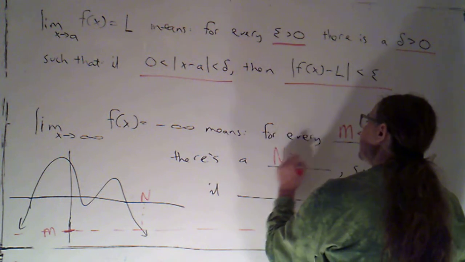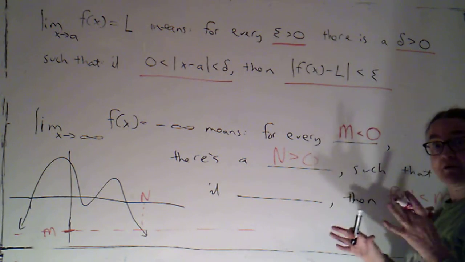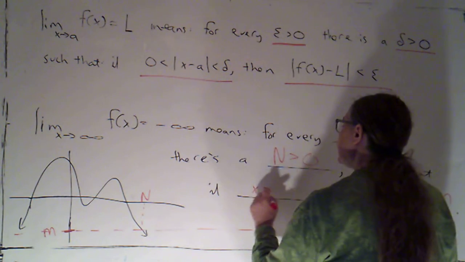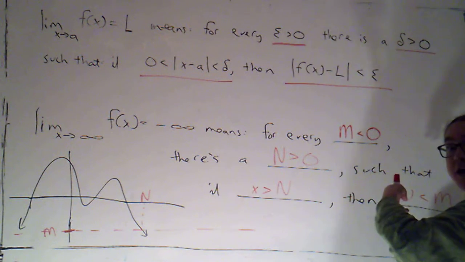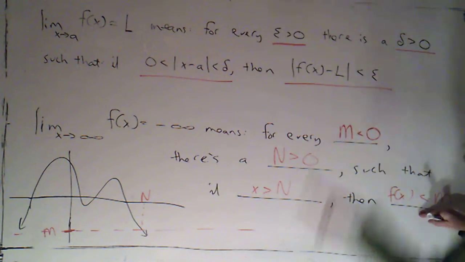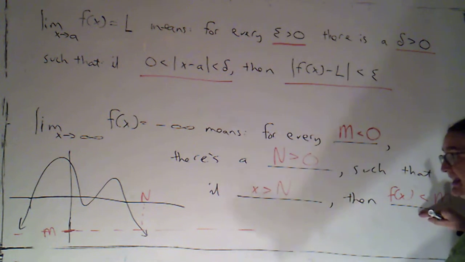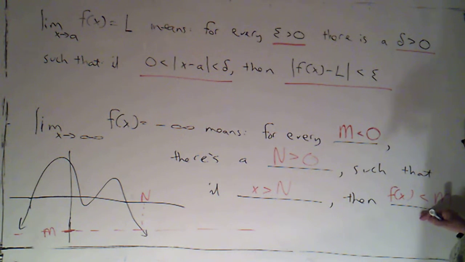So there's an n, which is a positive number, because it's a standard of bigness in the positive direction, so that if x is bigger than n, if we go to the right of n, f of x will be smaller than m. Then f of x will be big in the negative direction.